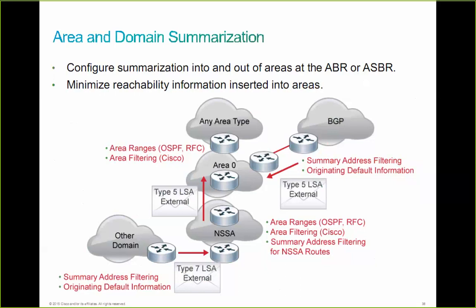They do not get converted to Type 3s. They do not get converted to Type, anything. They stay Type 5s, okay? Unless you have any kind of stub area, right? Type 5 routes are not allowed into special area types, okay?